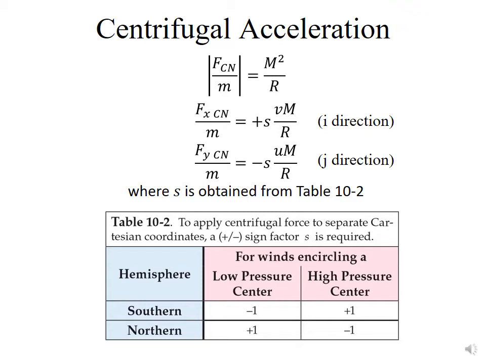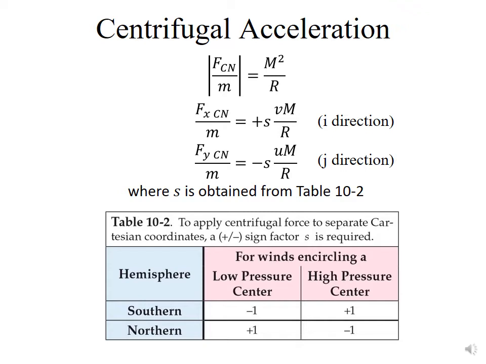Now, when we convert this into the I hat and the J hat directions, i.e. the east-west direction and the north-south direction, we have to include this directional sign factor, S. So the acceleration due to the centrifugal force in the east-west direction is equal to plus S, that sign factor, times the velocity V, which is the north-south velocity, times the magnitude of the wind, divided by the radius of curvature.